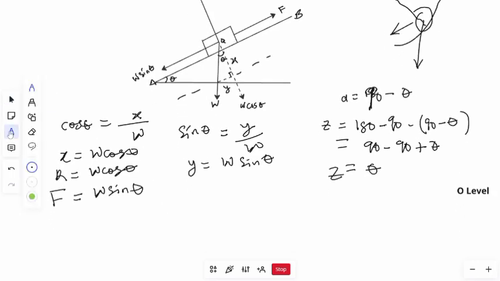But you recall that F itself is given as what? Coefficient of friction times normal reaction. So that coefficient of friction will be written as limiting frictional force divided by normal reaction.